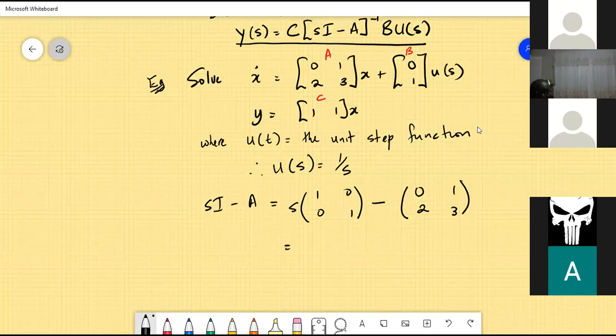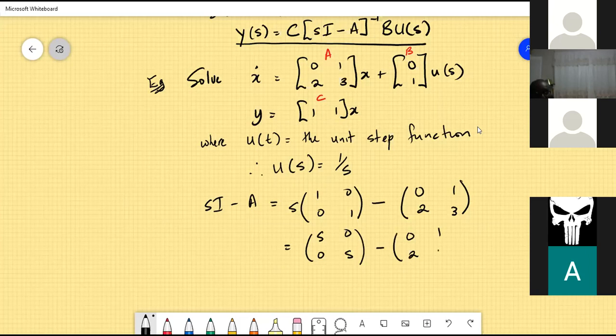So that is going to be equal to s, 0, 0, s, minus 0, 1, 2, 3. So that is s minus 0 is s, 0 minus 1 is minus 1, 0 minus 2 is minus 2, and s minus 3 is s minus 3.